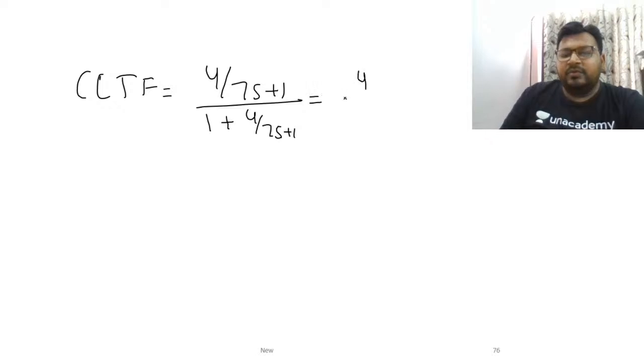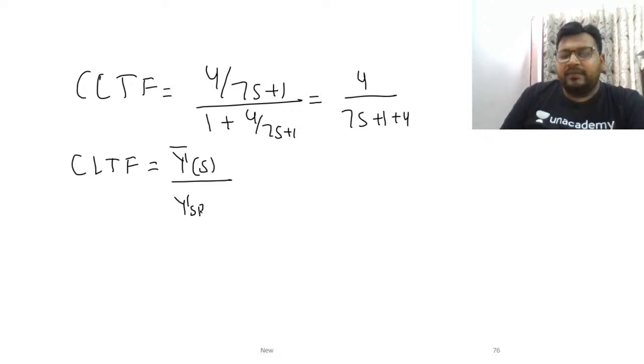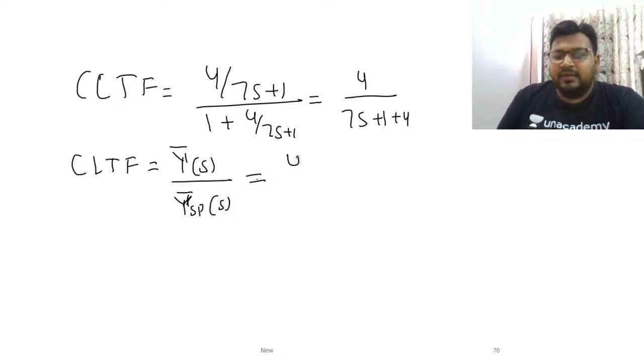If you take the LCM, you get 4 by 7S plus 1 plus 4, or ultimately the closed loop transfer function, that is Y bar S divided by YSP S, is given as 4 by 7S plus 5.